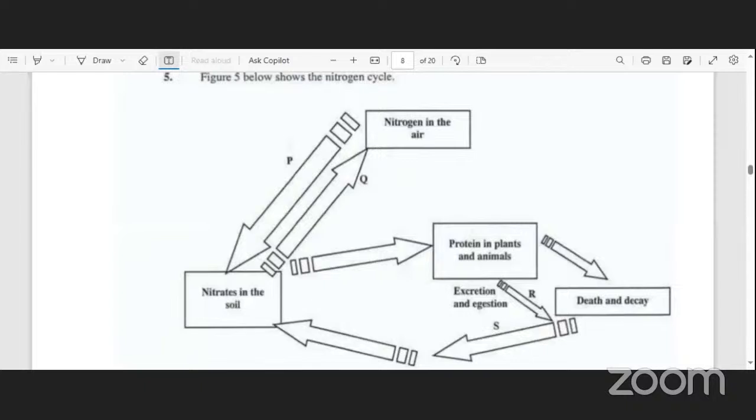Are we ready, students? We're looking at the nitrogen cycle now. What kind of process is taking place at P? If nitrogen is coming from the atmosphere and it enters the soil, what kind of process is taking place there?